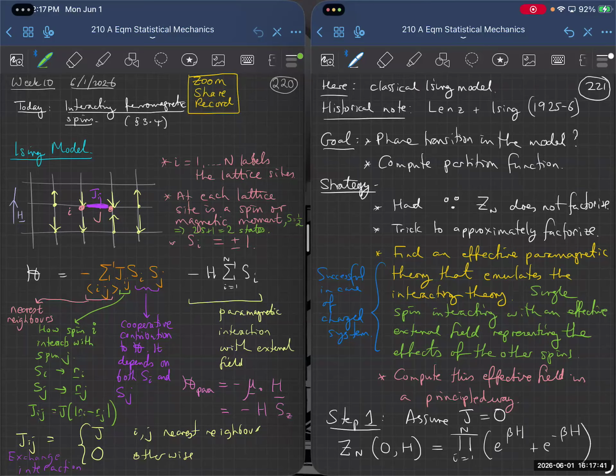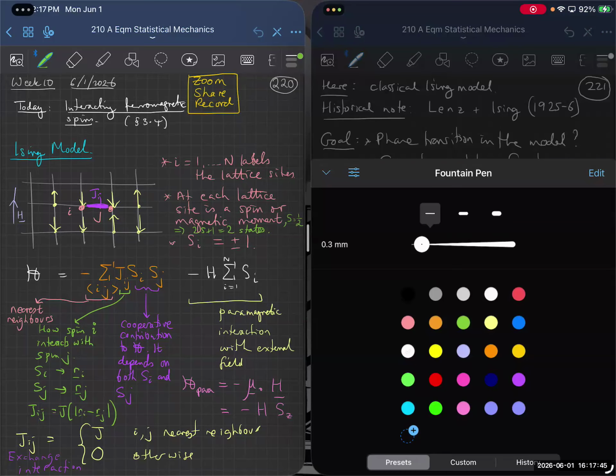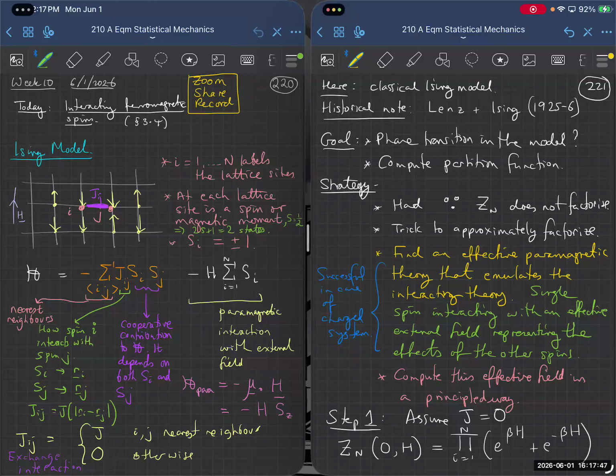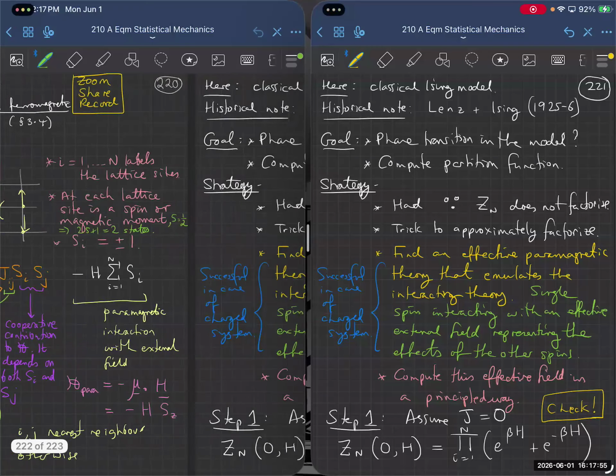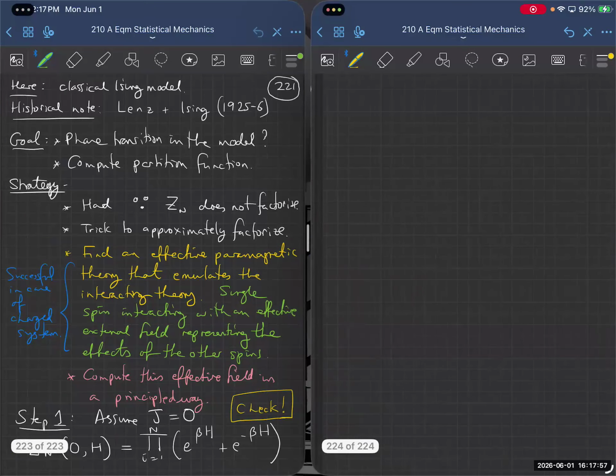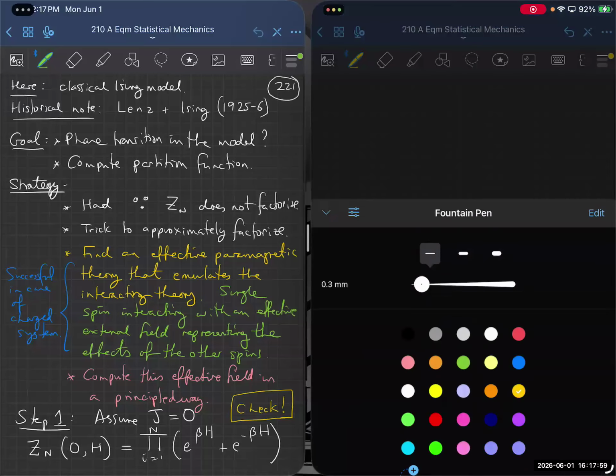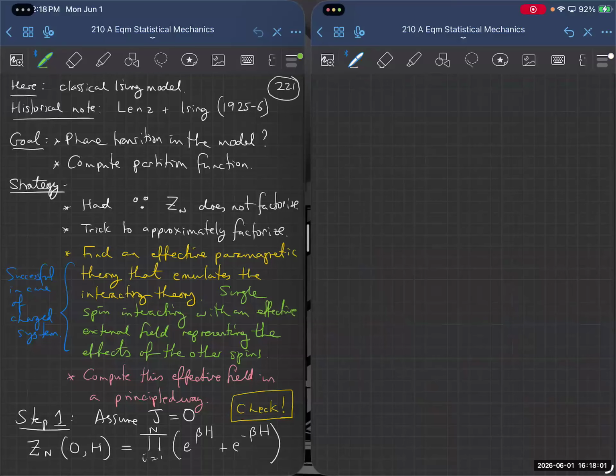So that's the exact partition function for the paramagnet. And I ask that you check that yourselves just to make sure that you know how to get that. All right. So now let's go on and write down what the result is.